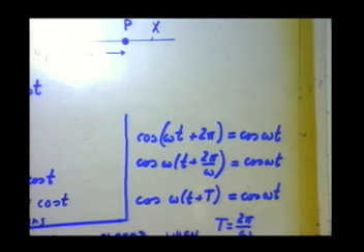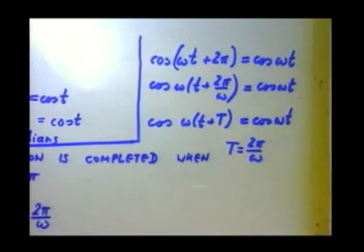So from here I find that period equals 2 pi divided by omega. So this makes sense. When omega equaled 1, the period was 2 pi. You may want to write: when omega is not 1, period equals 2 pi divided by omega. The whole thing makes sense.